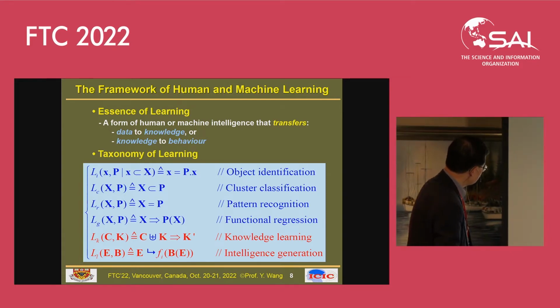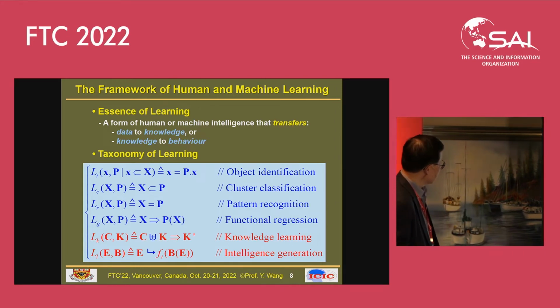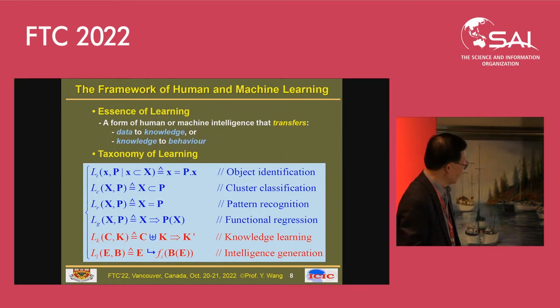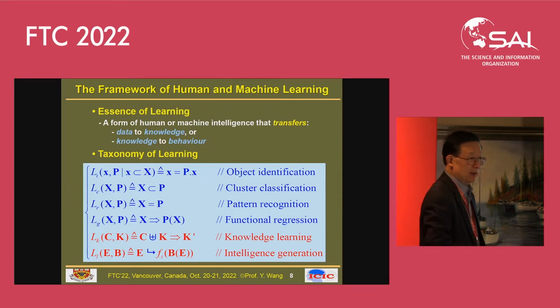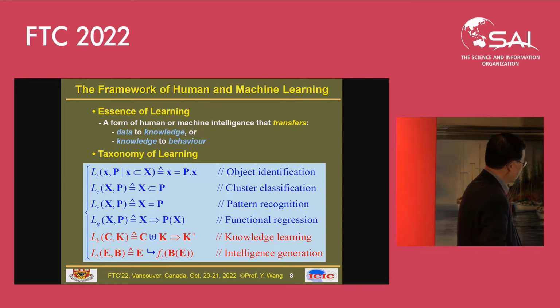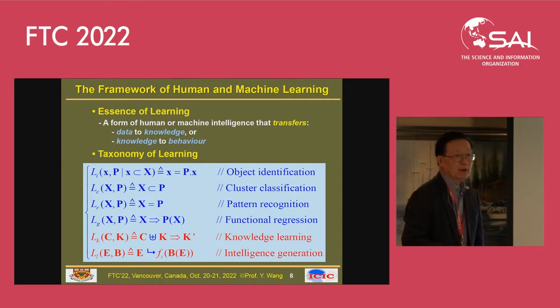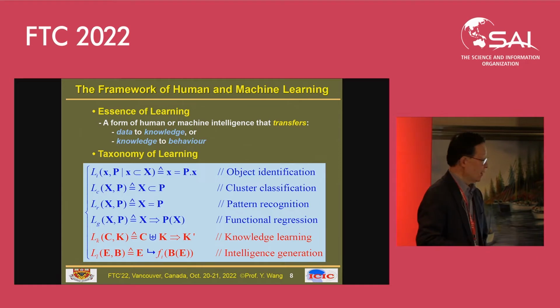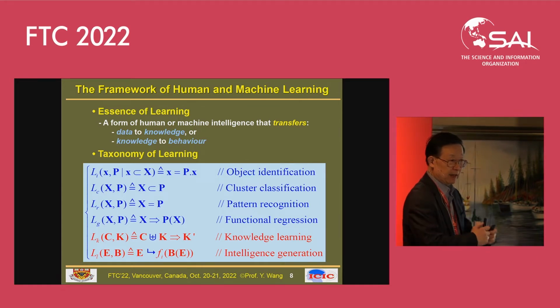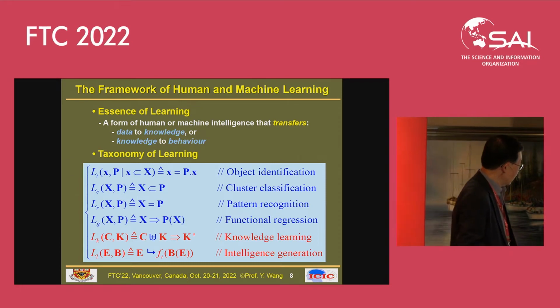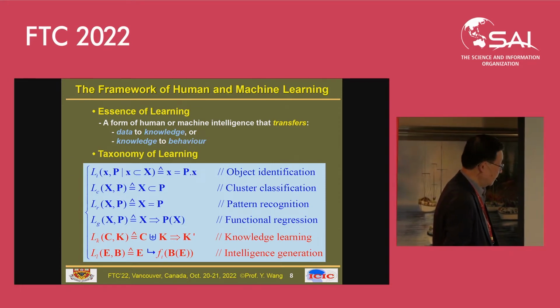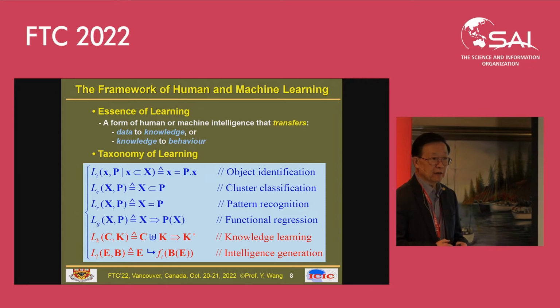I will discuss that a little bit, but here is the framework of human machine learning. Machine learning is not only focused on image recognition or object identification and classification with pattern recognition. That is not the only need, and we have the right part here. This is our wish: in everyday life and research, we need machines to learn our knowledge.